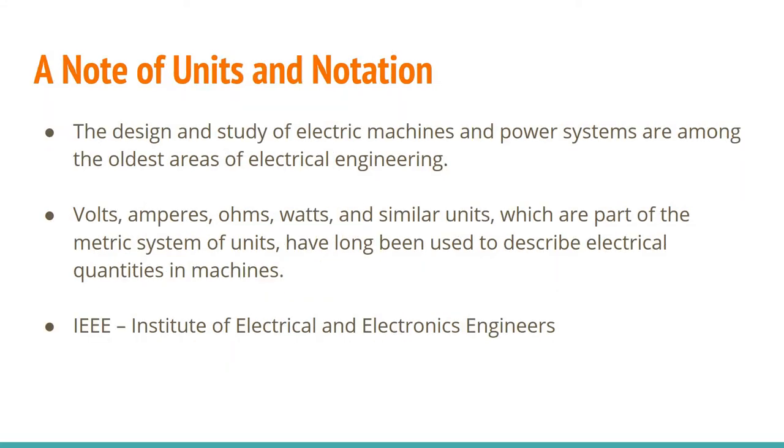Okay, a note of units and notation. The design and study of electric machines and power systems are among the oldest areas of electrical engineering. So that is the most studied area when it comes to electrical engineering, electrical engineering technology.